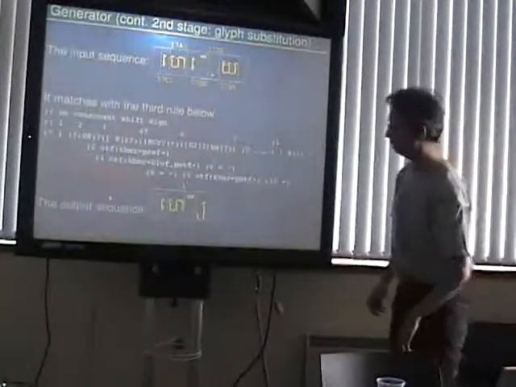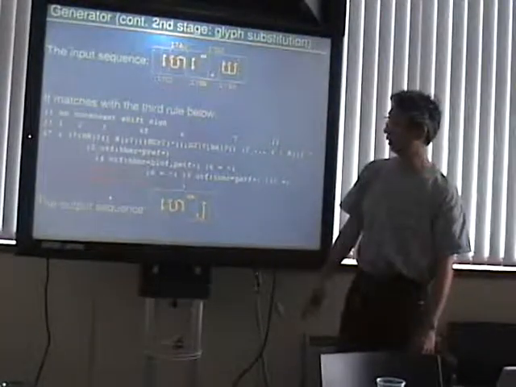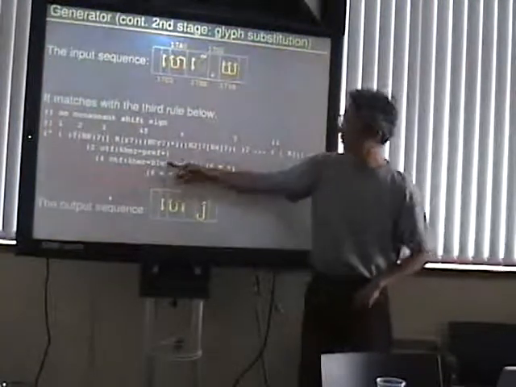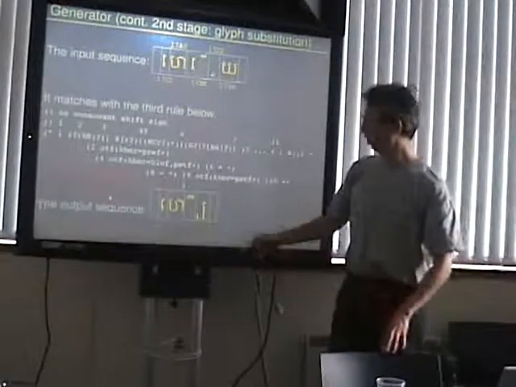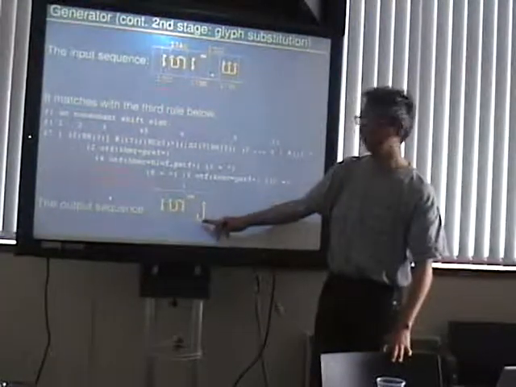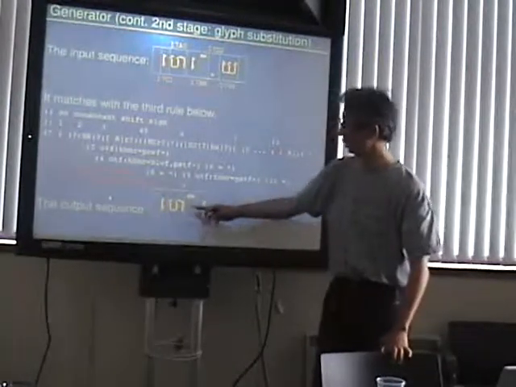So as a result, we have this sequence. Now, this command also does character to glyph mapping. So here we have a glyph, but there's no corresponding character code. Now these are in the glyph code.